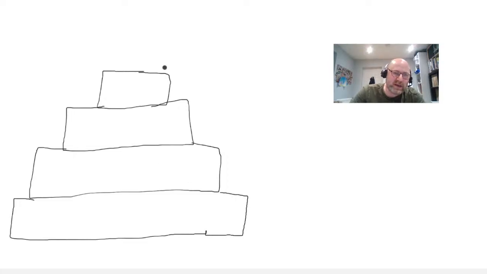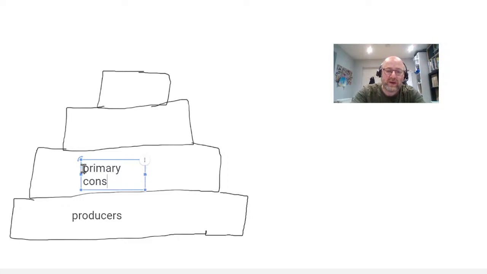What I was going to say is, you do need to know why pyramids are shaped like this. You need to know that at each trophic level, energy is lost. In fact, this is a very badly shaped pyramid. You would normally only get 10% passed on at each trophic level, unless it's in the sea, where the producers aren't plants, they're algae.